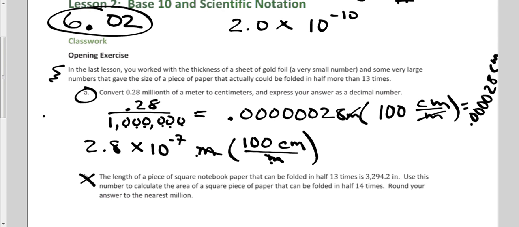I lose 2 negative, right? So instead of -7, it'll be -5. 2.8 times 10 to the -5 centimeters. Okay? Does that make sense to everybody?